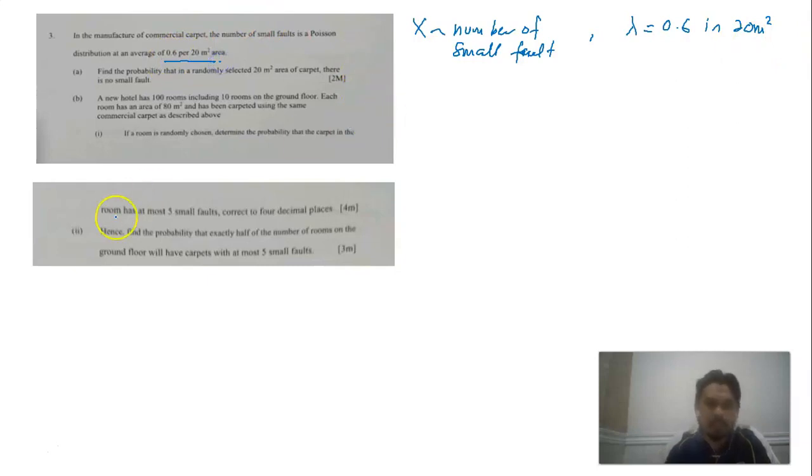So for question A, X is Poisson distributed with lambda equal to 0.6 in 20 meter square. Find the probability that in a randomly selected 20 meter area of carpet there is no small fold, which means the probability of X equal to 0.